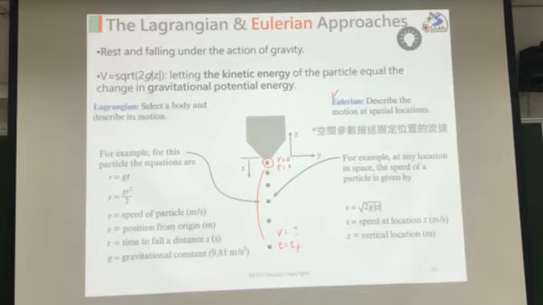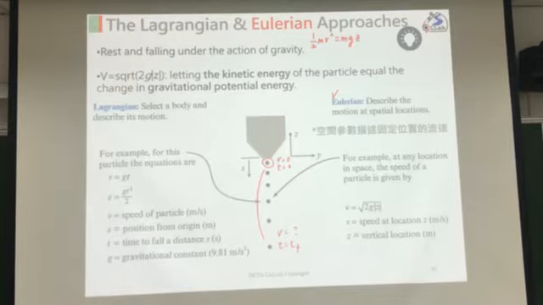So we can just make the energy balance based on the potential energy and the kinetic energy. The kinetic energy is exactly 1/2 mv squared, and it's equal to mgz, where z is the elevation.